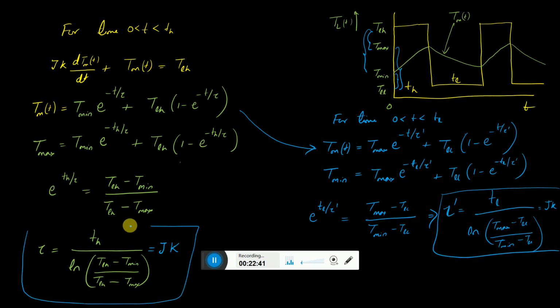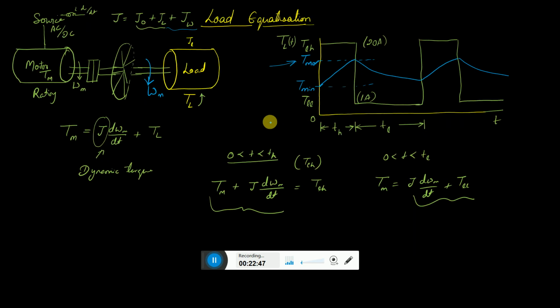So thus we understand how to get the inertia if you know all the above data, and also we understand the importance of the flywheel. The most important point is that a flywheel we cannot install in a motor if we have a reversible drive. The condition is that if it is forward motion only, then only you have a flywheel.